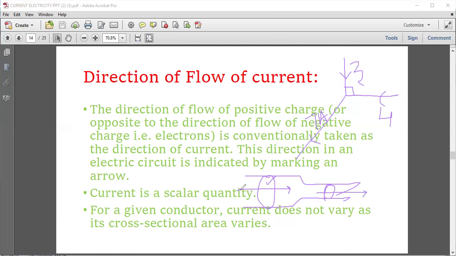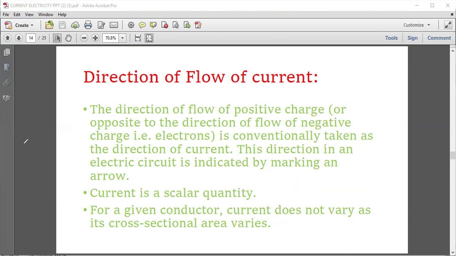Means if 5 coulomb charge crosses this cross section in 1 second, here also 5 coulomb charge will cross this cross section in 1 second. Means current is a fundamental property of a conductor which will remain the same for the whole conductor. It will be the same for the entire conductor. It is not that it is more at the thicker cross section and less at the thinner one. It's clear. So this is all about the current.